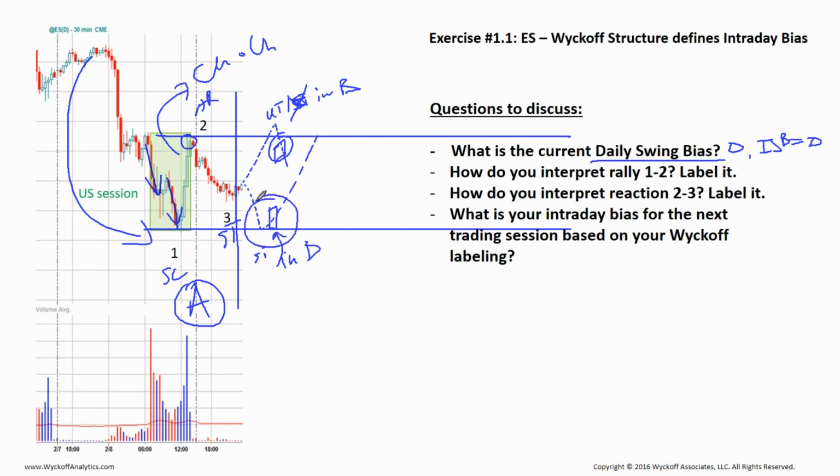Near the support, because of the contextual interpretation that this is a secondary test in potential phase B, we know that from here the price is going to have a bias to the upside. So therefore, we might also open a position here near the support.